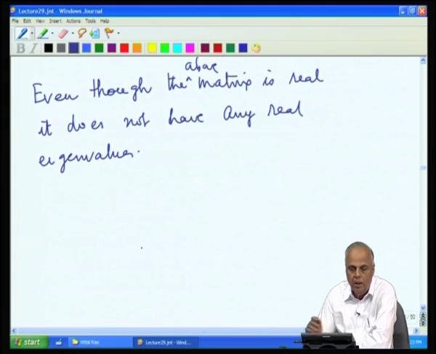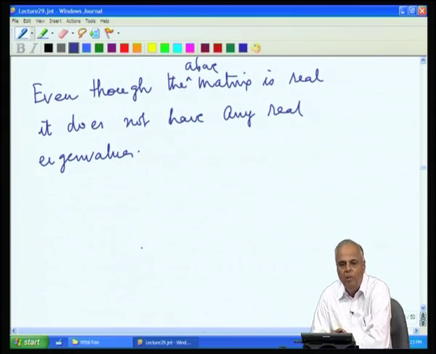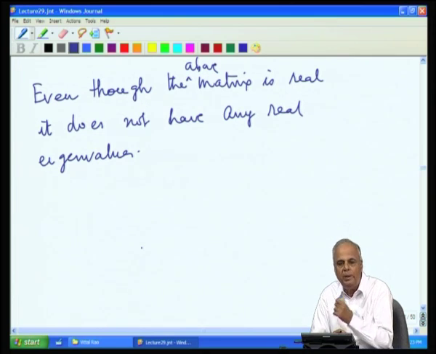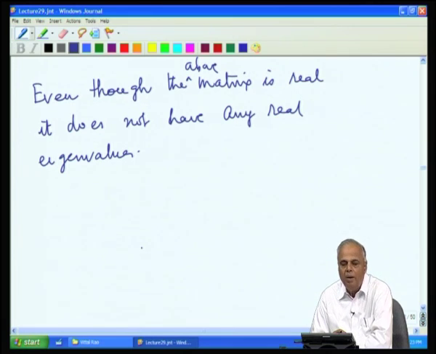This happens because we are looking for the eigenvalues as the roots of the characteristic polynomial. The characteristic polynomial is a polynomial of degree n with real coefficients, but in general a polynomial of degree n with real coefficients may not have real roots, and if it has roots, all of them may not be real; some of them may be real, some of them may be complex, and those which appear as complex roots must appear in complex conjugate pairs.